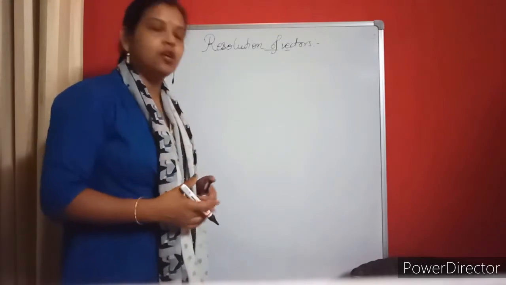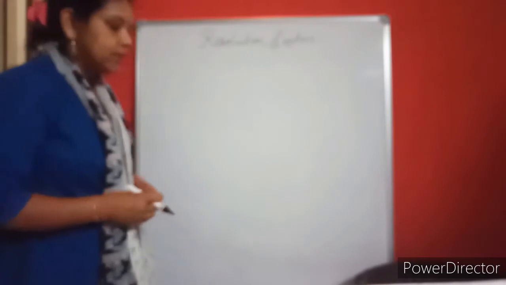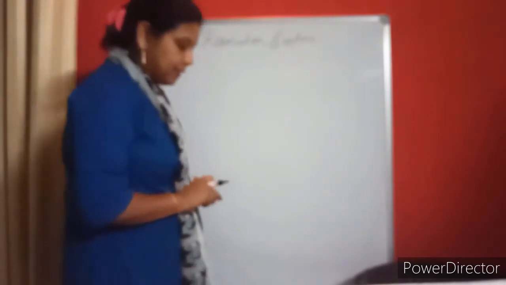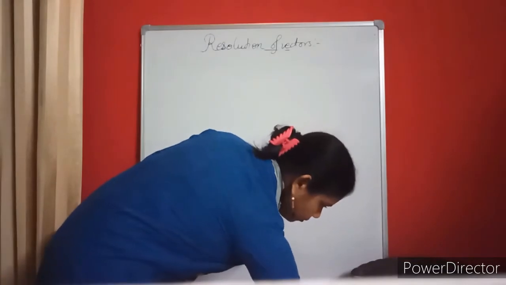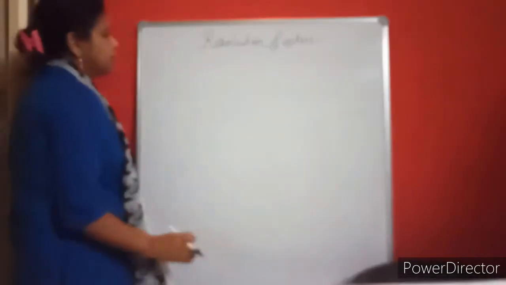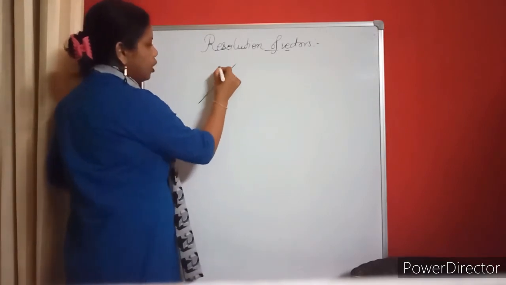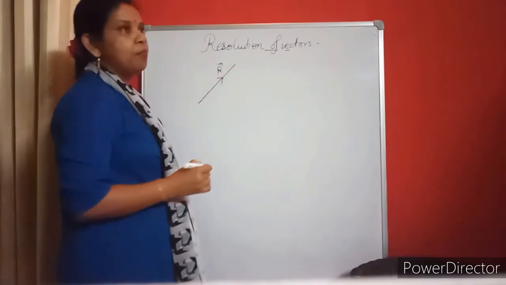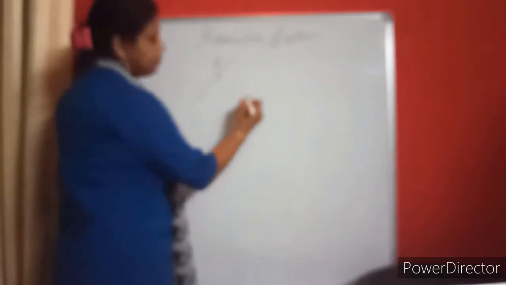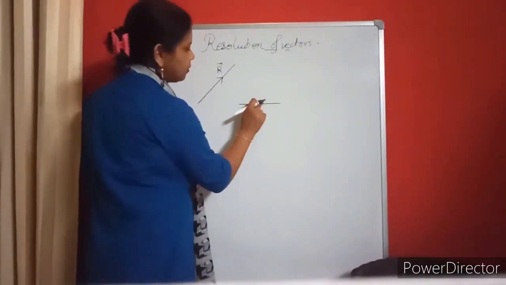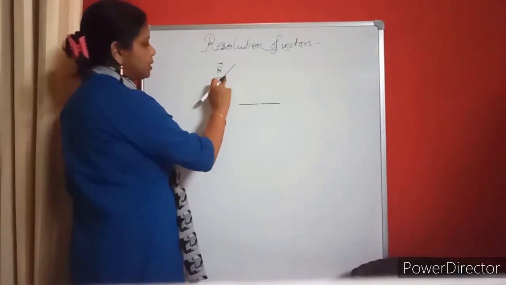So how can we resolve a vector? Suppose there is a vector R, which we will resolve into two components. Sorry, I keep making mistakes again and again.